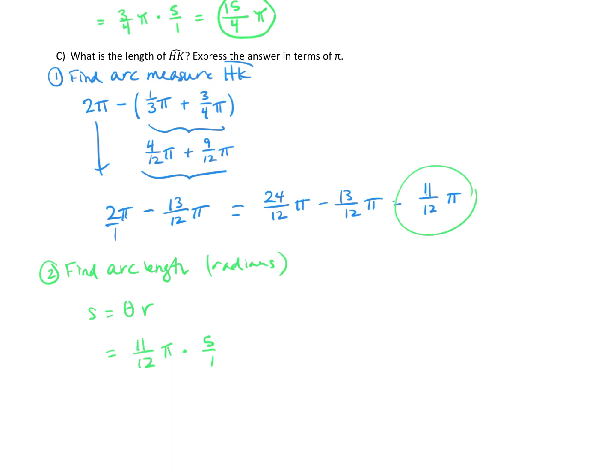Then I'm going to look to see I have 11 and a 5 in the numerator, 12 and 1 in the denominator. Do 11 and 5 have any common factors with 12 and 1? Any reducing we could do there? There's not anything. So we'll just multiply straight across and get 55 over 12 times 1, which is 12. And then the pi just carries along. And there's our arc length in radians, 55/12 pi.